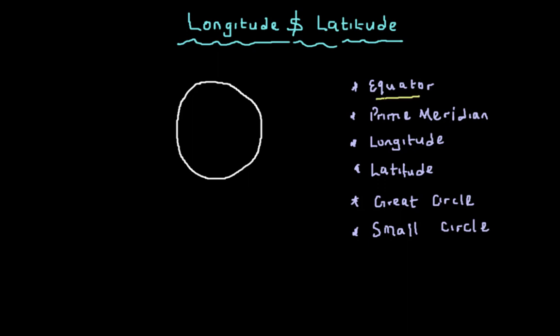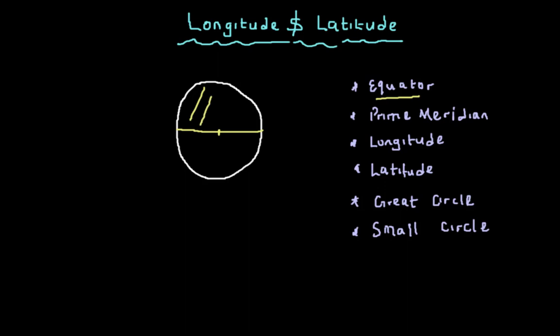What's an equator? Now an equator is an imaginary line that divides the Earth into north and south hemisphere. So it's an imaginary line that passes through the center of the Earth and then divides the Earth into the north and south hemisphere.